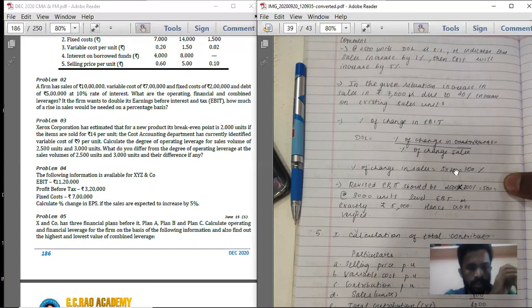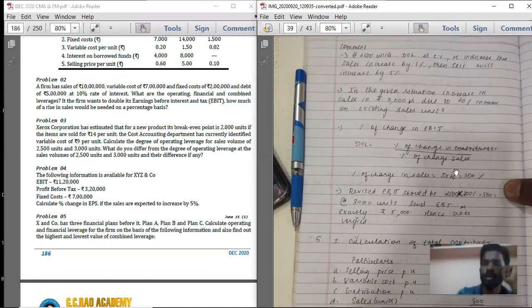Percentage change in EBIT, DOL: DOL is equal to percentage change in EBIT divided by percentage change in sales. So the revised EBIT should be 2,500 into 200%, that is 5,000. Okay.